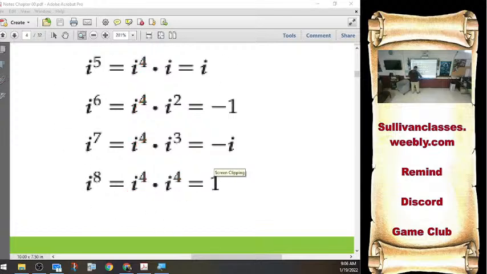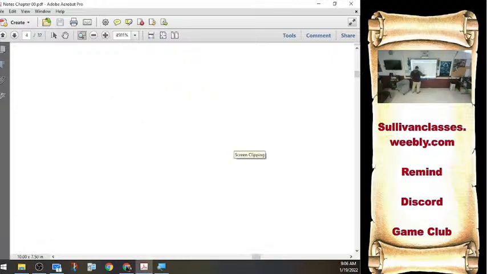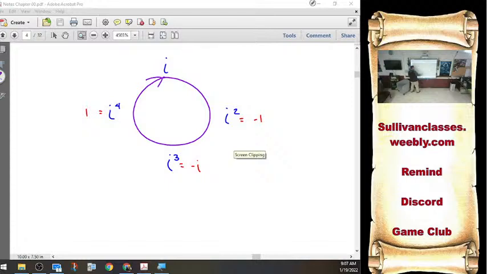And you get your very first ring. Not talking like, oh, he gave me his class ring, we're going to be together forever, and break up 4 months later. I'm talking about i, i squared, i cubed, i to the fourth, being i, negative 1, negative i, 1, and it keeps repeating itself forever.